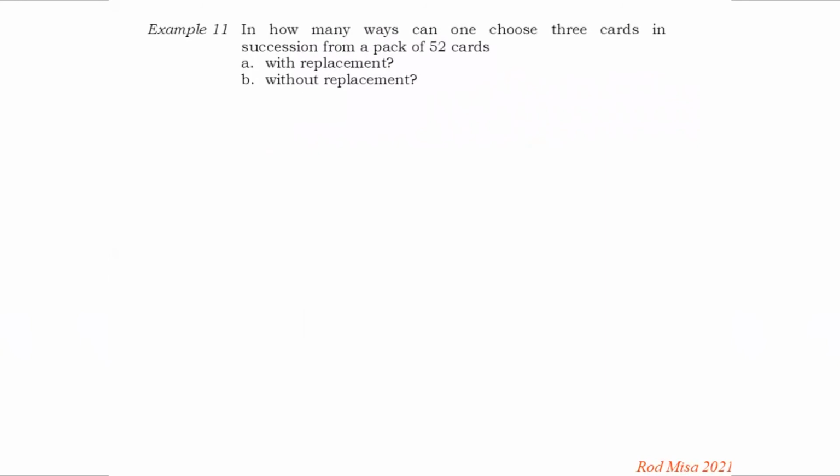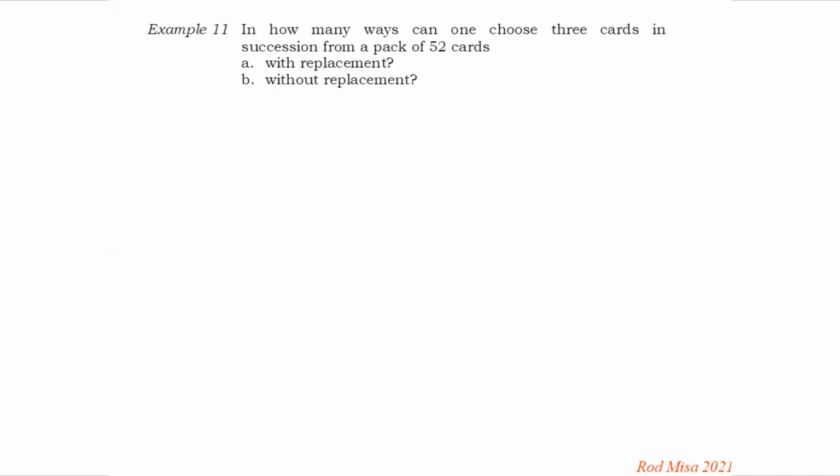Now, let us have illustrative examples to illustrate the concept we have presented. In this example, we are asked, in how many ways can one choose 3 cards in succession from a pack of 52 cards? Letter A, with replacement. Letter B, without replacement.